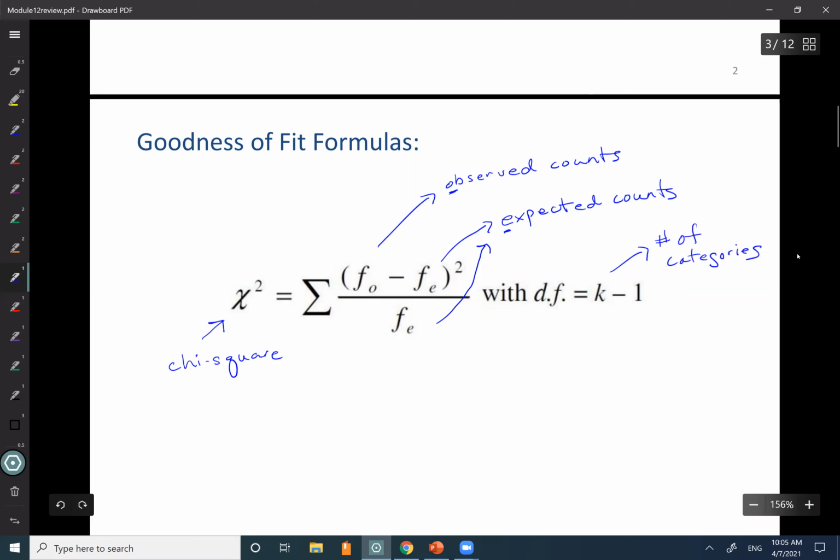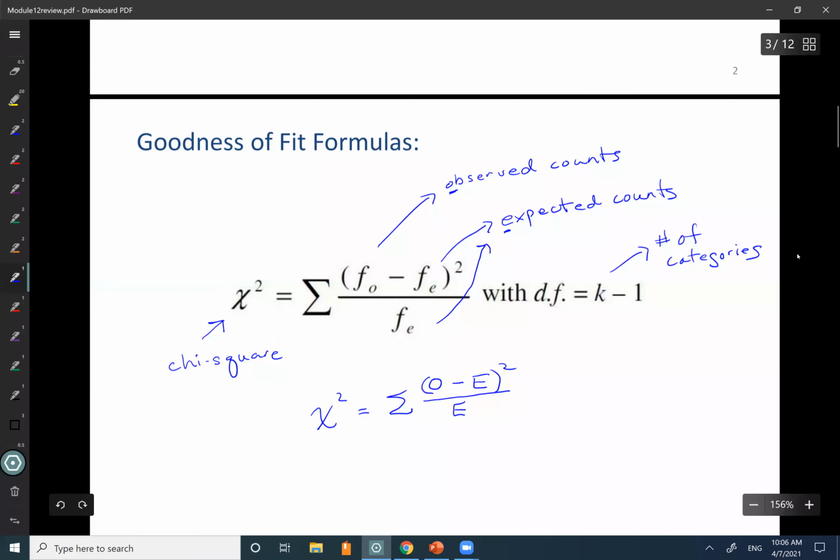And there we have it. Sometimes this is shown in books like this, which is how I've seen it a lot: observed, capital O as a variable, subtract the expected. You square that and divide by the expected.